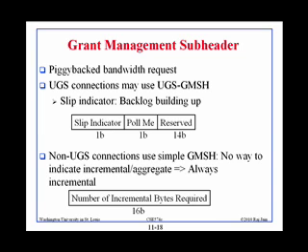This first bit is a slip indicator, which is basically when you are getting something at a constant rate and some things are going out exactly at the same rate, you should not have any queue build up, right?